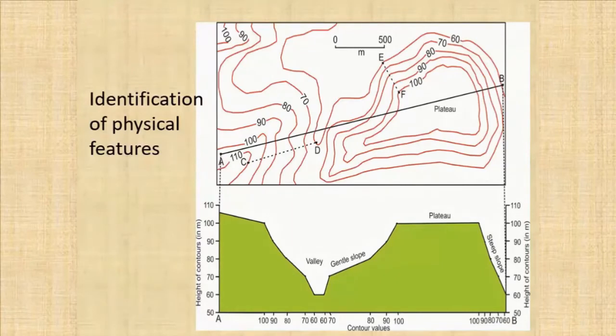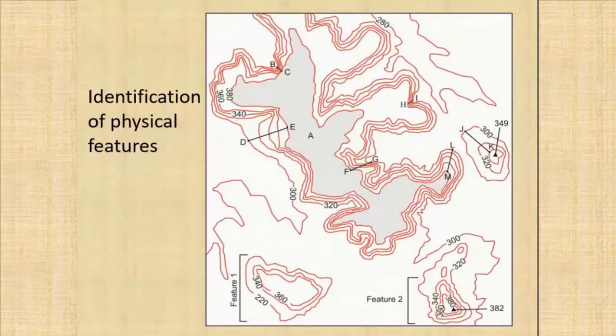This is another contour map, and here we will try to identify more relief features marked by feature 1 and feature 2 and letters A to M. Based on our understanding of contour line arrangements, we can identify the following features.